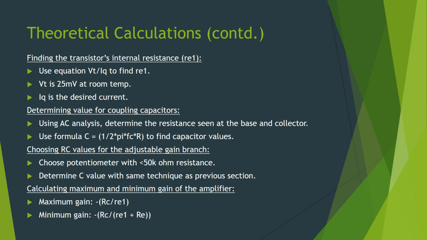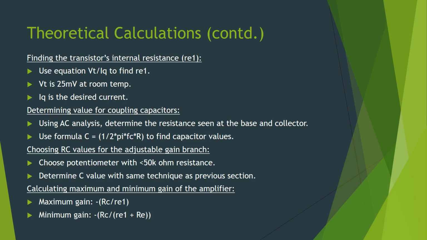So next we're focusing on the adjustable gain branch. For the resistor in there, we want basically an arbitrarily high resistance, and then that can go down to resistance as low as 1. So I chose a 50,000 ohm potentiometer because that's what I had on hand. You could go higher. I'm sure at 50,000 ohms it's slightly influencing the gain, but we're not worried about that.